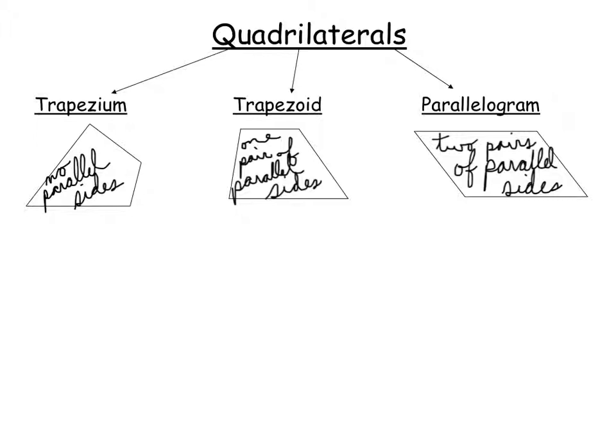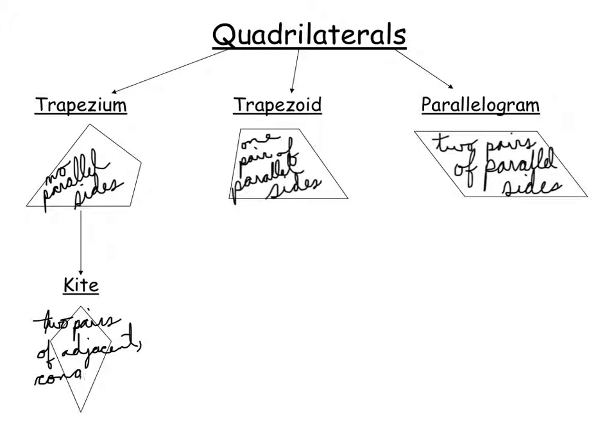Each of these categories has special kinds. For example, a special kind of trapezium is called a kite. Kites are special because they have 2 pairs of adjacent congruent sides.